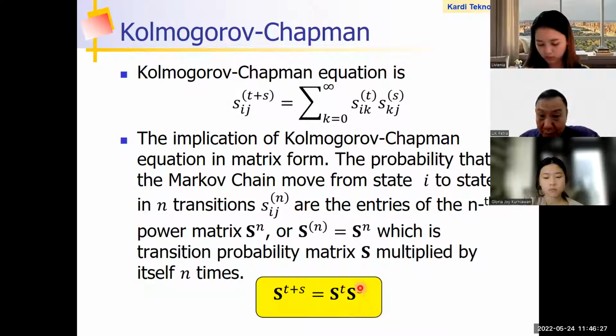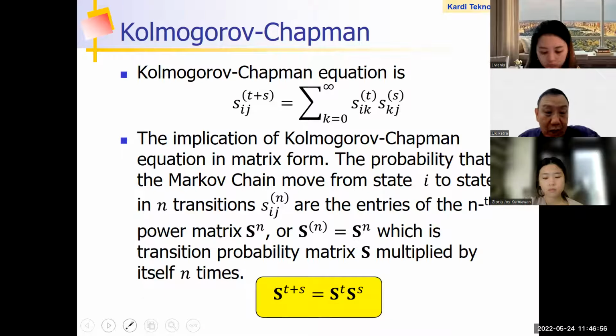If you have a stochastic matrix S, and you exponentiate it with certain exponents, say small s and t, you just multiply them. If you multiply them, that's equal to the addition of the exponents. So this equation is called the Chapman-Kolmogorov formula.